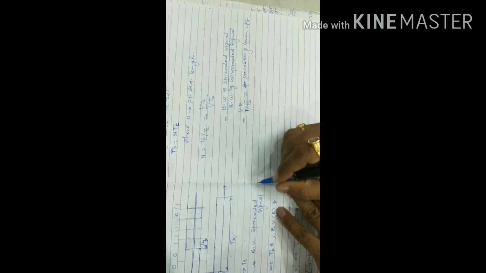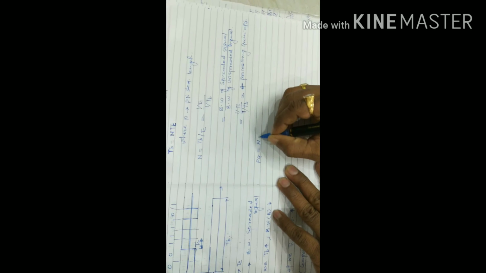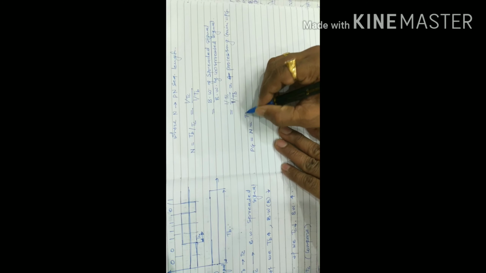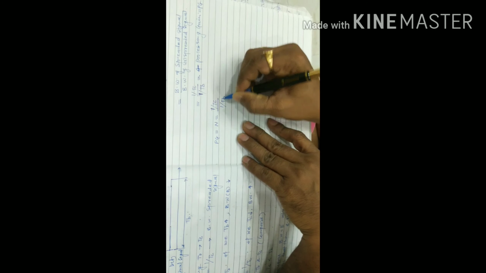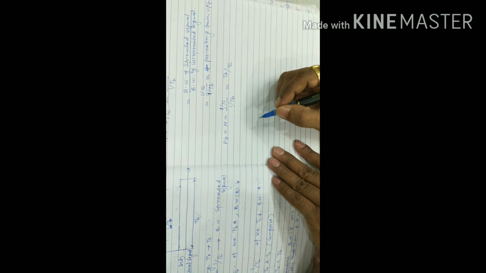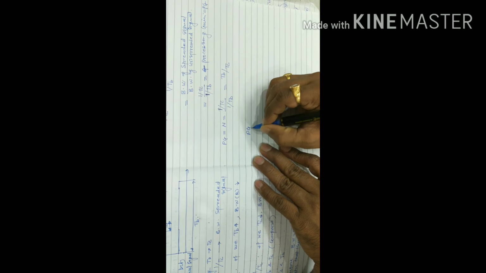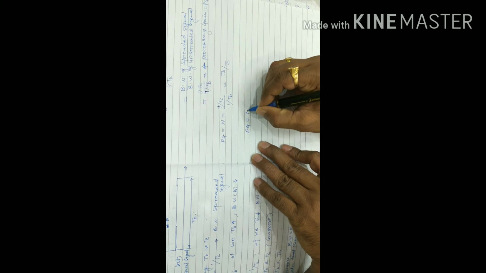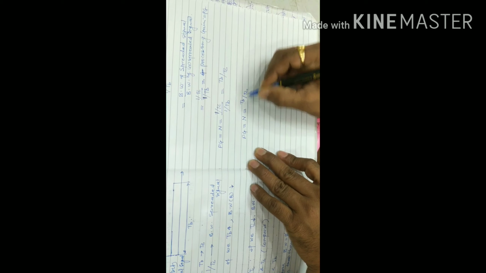So in short, we can say that PG, that is processing gain, is equal to N is equal to 1 by TC upon 1 by TB, which can also be written as TB by TC.